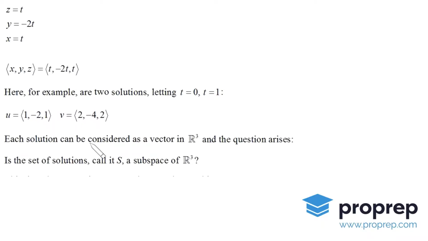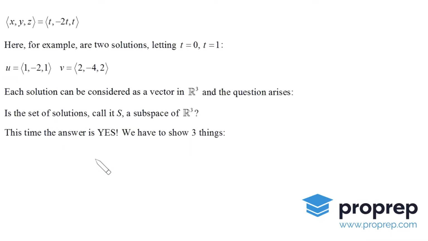And once again, we can consider not just these two, but all the solutions and call it S, and ask the same question. This time, do the solutions form a subspace of R3? And as you might expect, the reason I chose once non-homogeneous and once homogeneous is this time the answer is yes.